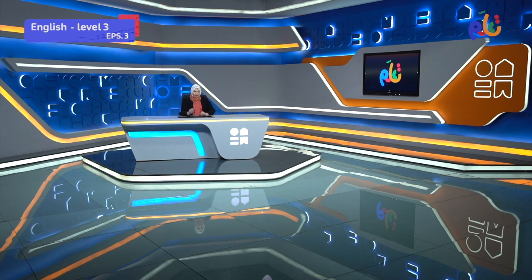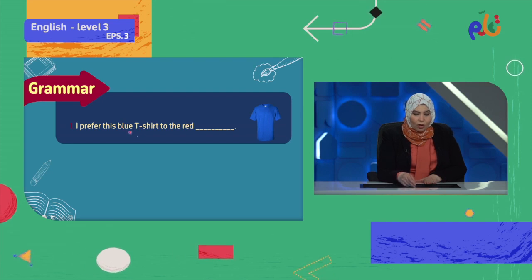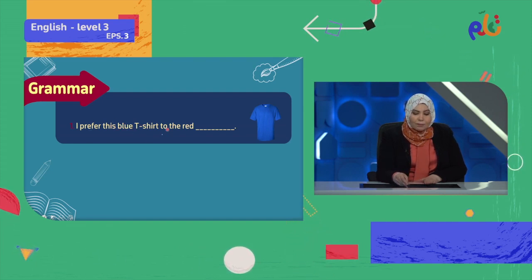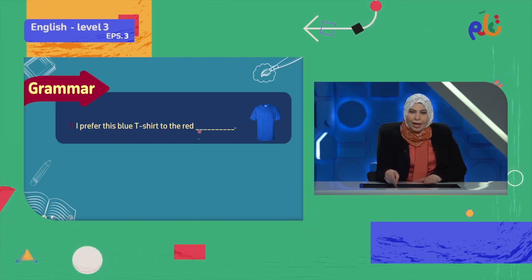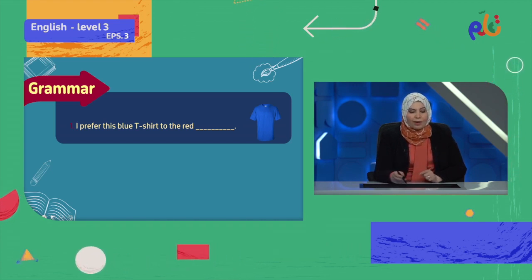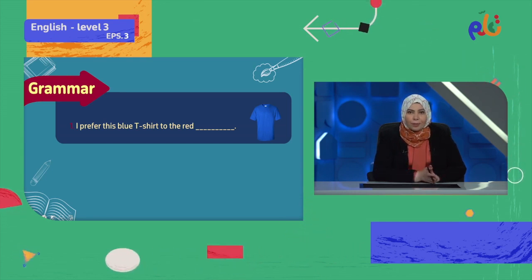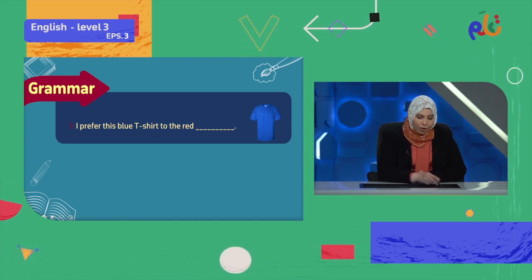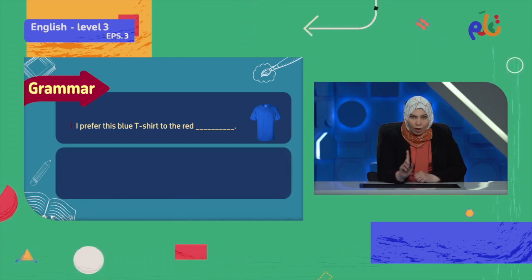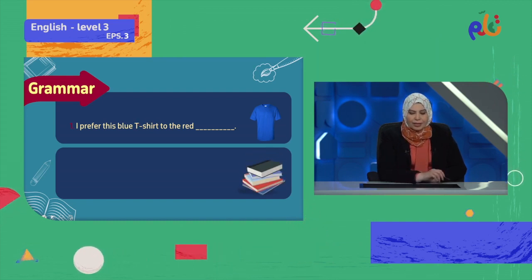Let's complete now. I prefer this blouse, or I prefer this blue t-shirt to the red. We're talking about a t-shirt. So I can say I prefer the blue t-shirt to the red t-shirt. Or to avoid repetition, we can say I prefer this blue t-shirt to the red one, because we're talking about a t-shirt here that is singular.